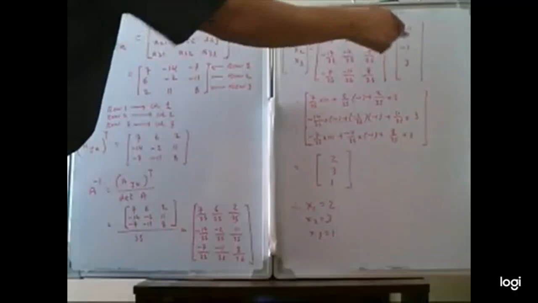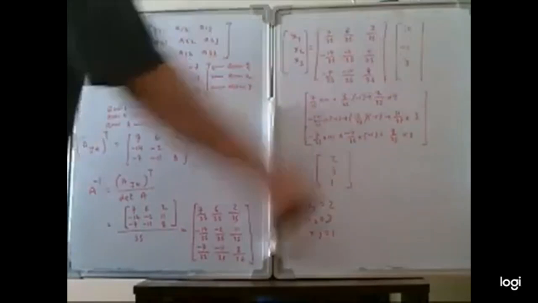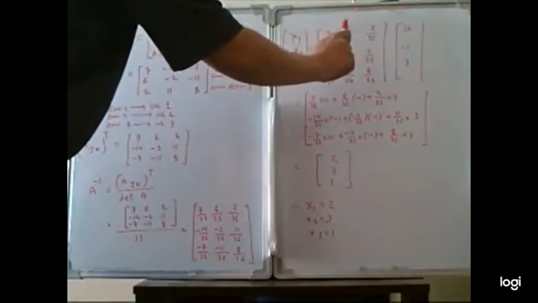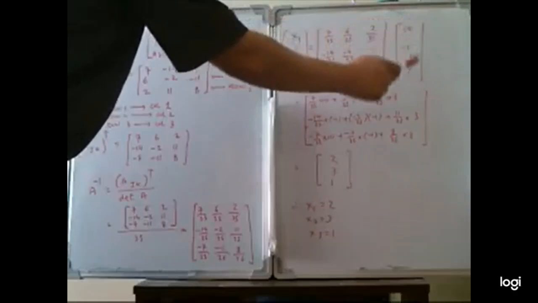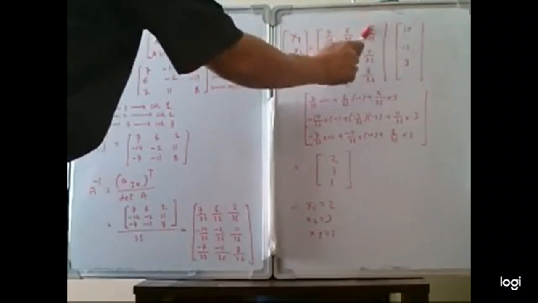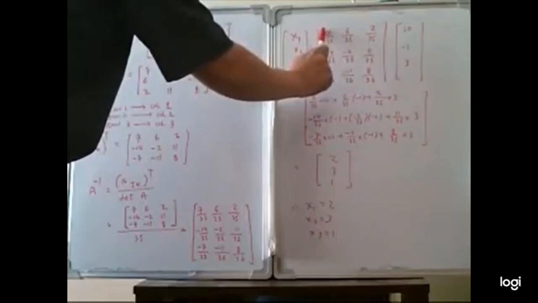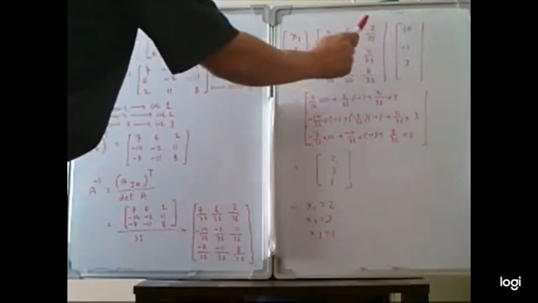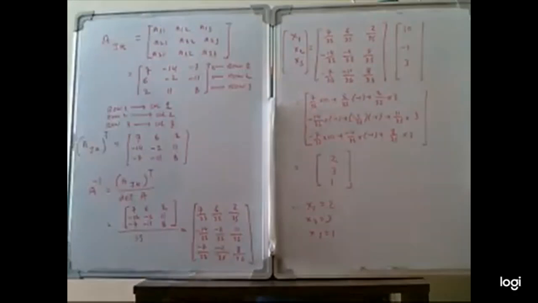The A inverse and the right hand side values 10, minus 1, 3 are multiplied. This and this multiply, this and this multiply, this and this multiply, add together. So 7 by 35 multiply 10, 6 by 35 multiply minus 1, 2 by 35 multiply 3, and add together.